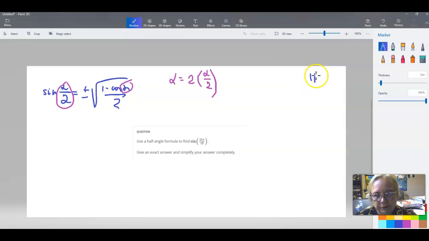So if we have 11 pi over 12 multiplied by 2, it's 2 over 1, and we reduce the 2 and 2, we get 11 pi over 6. So the double angle is 11 pi over 6.